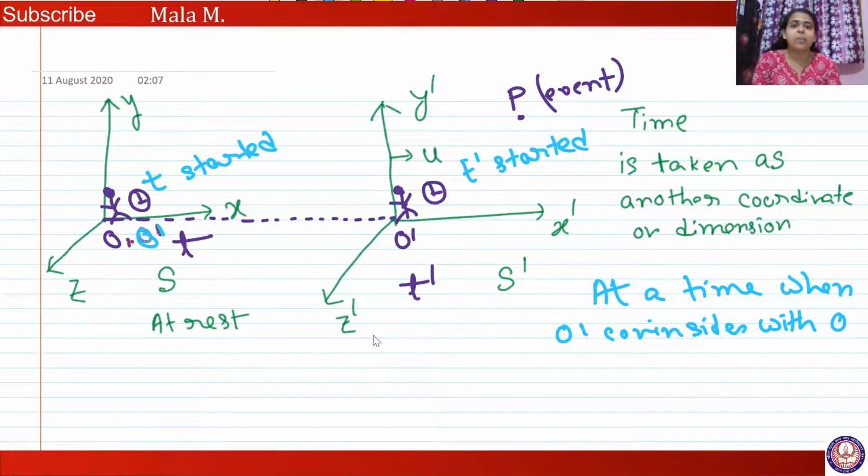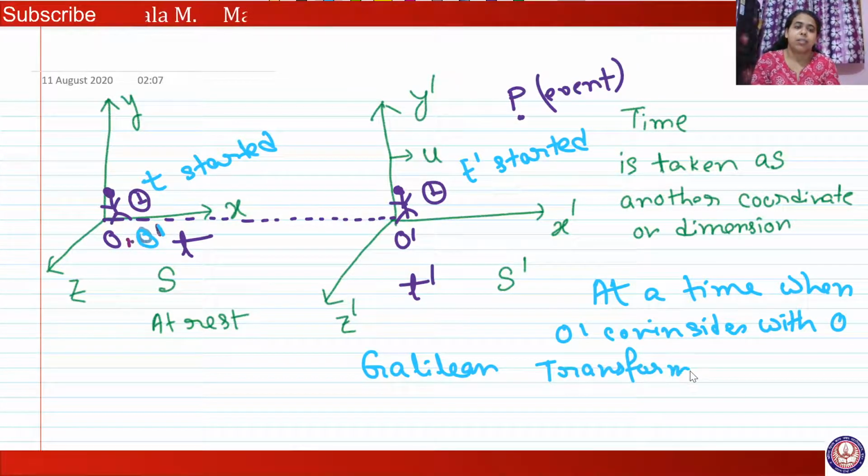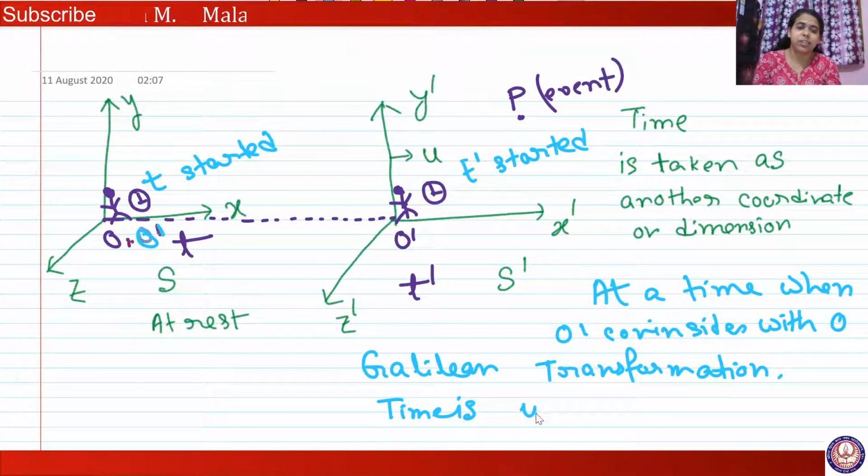And now this type of transformation, which is the Galilean transformation, it is assumed that time is universal. That means if we change frame, if you go from one point to another point in any type of frame, time will be universal. The way the time changes is the same for both frames. So in Galilean transformation, time is universal.